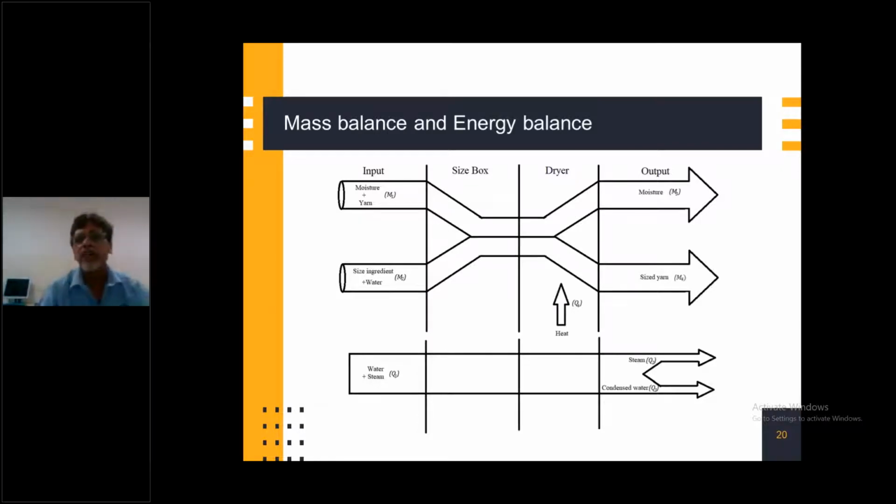This particular machine is one of the most energy consuming machines and one of the most crucial processes. So if we analyze it based on mass balance and energy balance, then we can definitely use this machine more optimally.